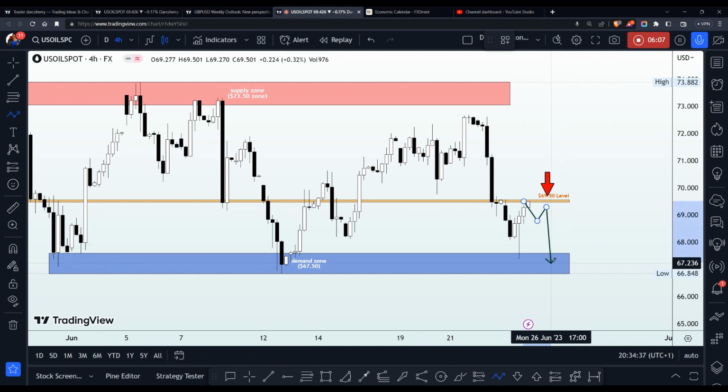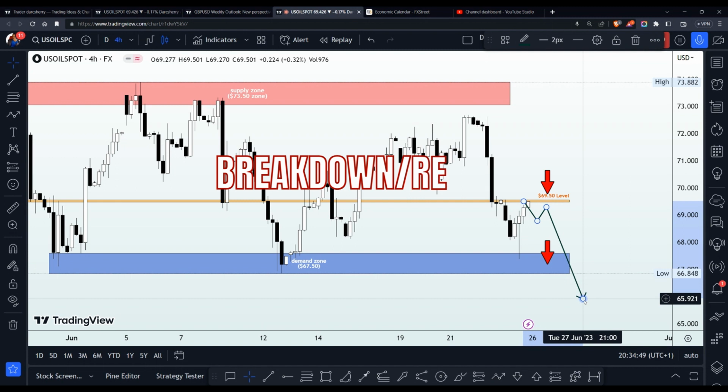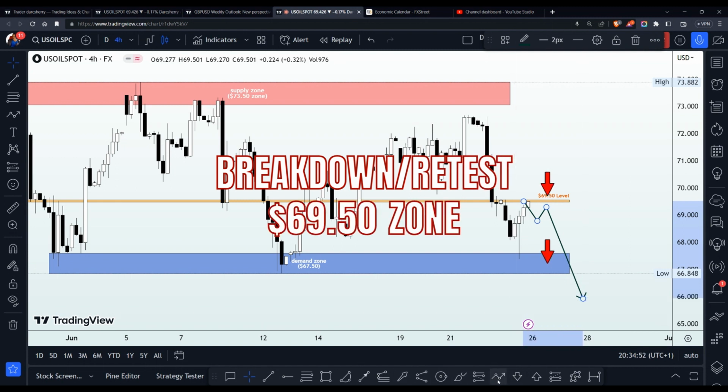And remember that we have a demand zone at the $67.50 level, where the only structure that will give us the confidence to be part of a bearish move is to see price action take out that demand zone, and we look out for a retest of structure giving us a clue that sellers are gradually gaining momentum to maximize the bearish move to the downside.